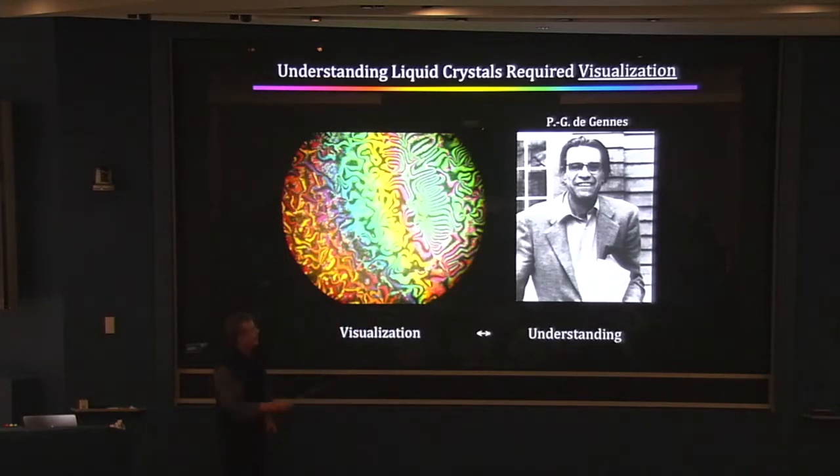The second key thing was that by the early 1970s, phase contrast microscopes made it possible to visualize liquid crystals and to see what the arrangements actually were in real space. The visualization was critical to de Gennes's discovery of how these compounds work. His discovery is the physical basis for our control over liquid crystals in our industry and in our civilization. And most unfortunately, he died as a relatively young man about 5 years ago.